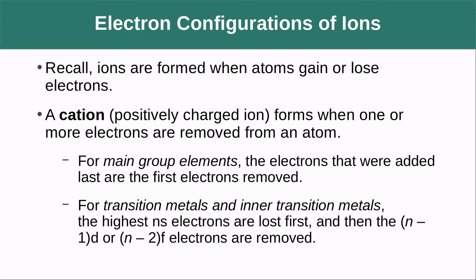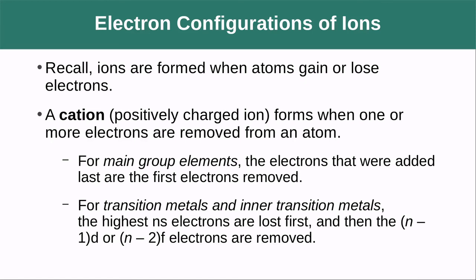So far we've been talking about neutral atoms. How are we going to handle this for ions? If we recall, ions are formed when atoms gain or lose electrons. A cation, a positively charged ion, forms when one or more electrons are removed from an atom. So for main group elements, the electrons that were added last are the first electrons to be removed.